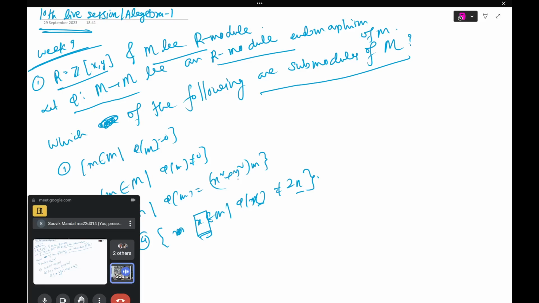Are you able to solve this problem? Just let me know.